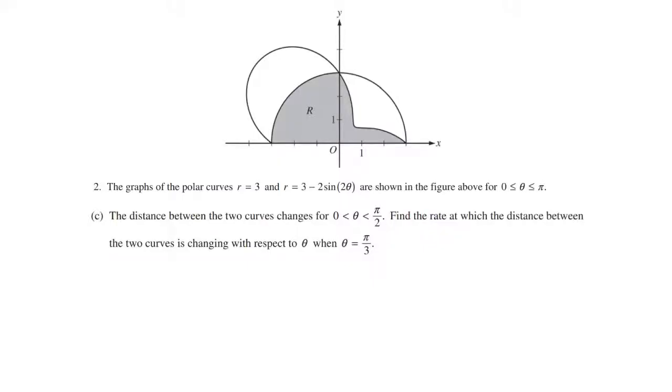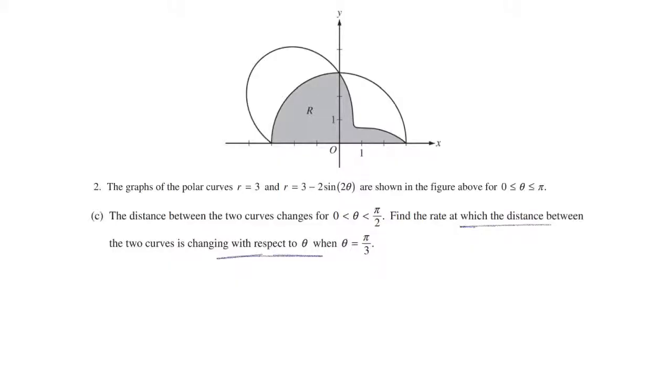Now for part C, we're asked to find the distance between the two curves, between 0 and pi over 2. Sorry, we need to find the rate at which that distance between those two curves is changing with respect to theta. This one's a little bit different, but I don't think it's too terrible.